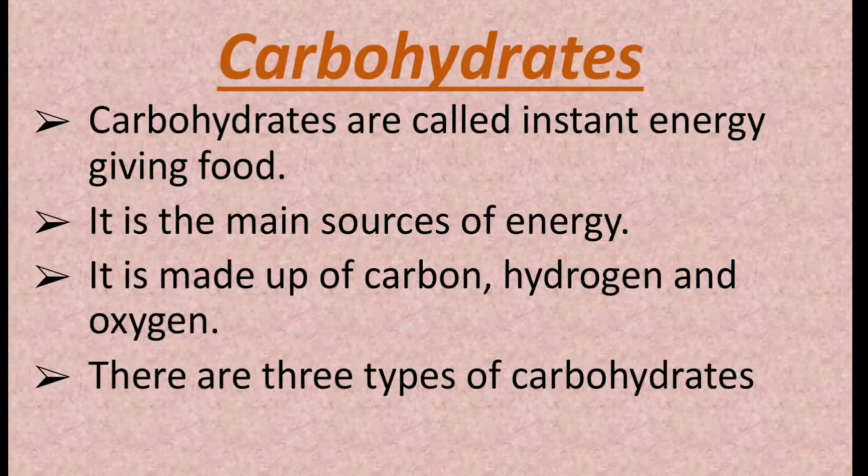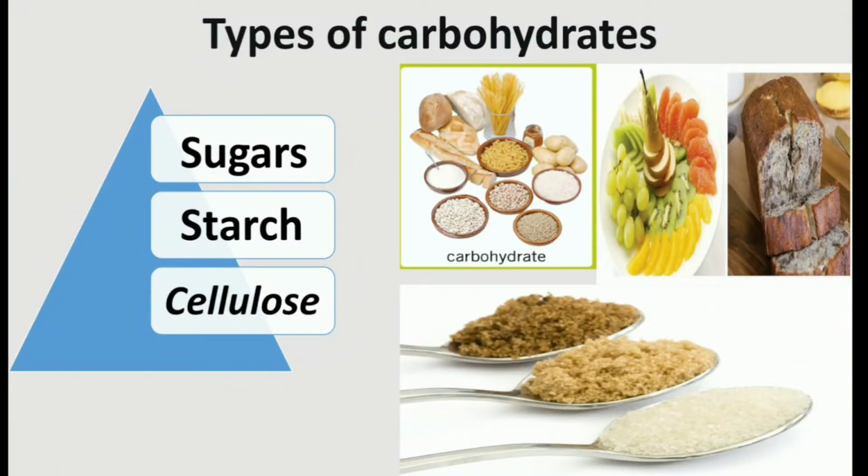There are 3 types of carbohydrates, or you can say we can divide carbohydrates into 3 groups: sugar, starch and cellulose. If we talk about examples, we can take sugar crystals and brown sugar; these are all examples of sugar. We will talk about starch. Here we have rice, chapati, potato, bread.